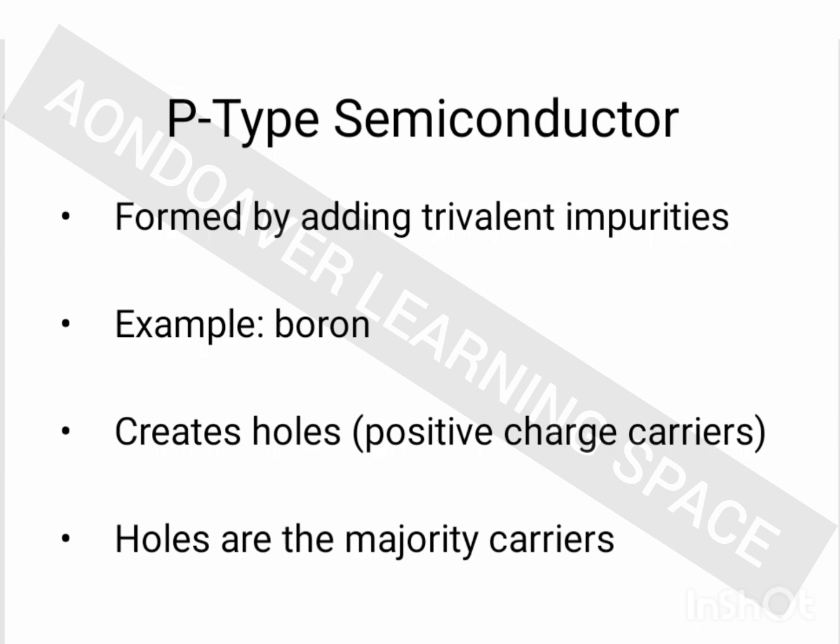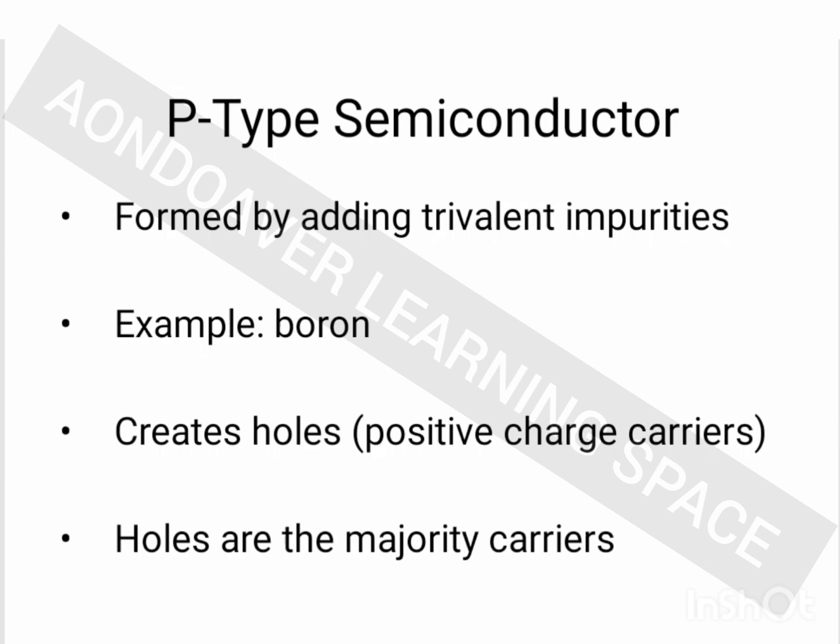So when we dope this, boron has 3 electrons in its outermost shell, and semiconductors, both germanium and silicon, have 4. So when this boron donates its 3 electrons, they will form pairs. So you have 3 pairs. You realize that 1 electron from the outermost shell of the semiconductor will be left unpaired, which means boron will be left with a space to accept an electron to pair with that of the semiconductor material.